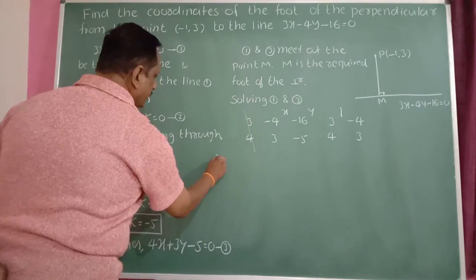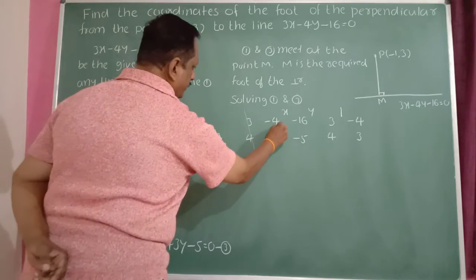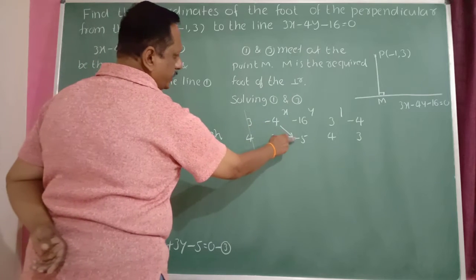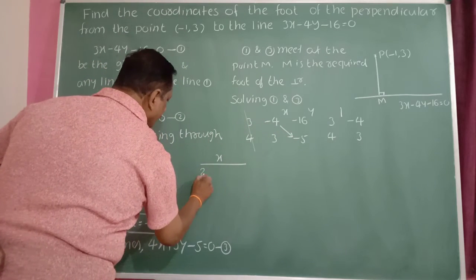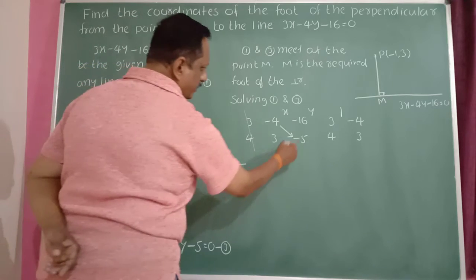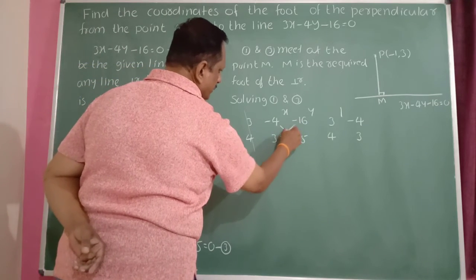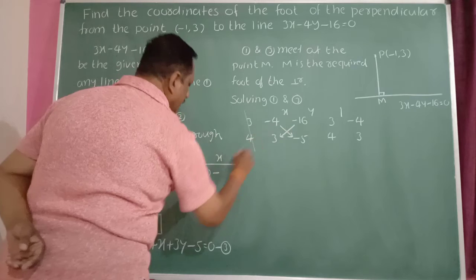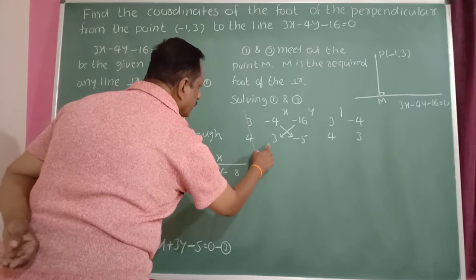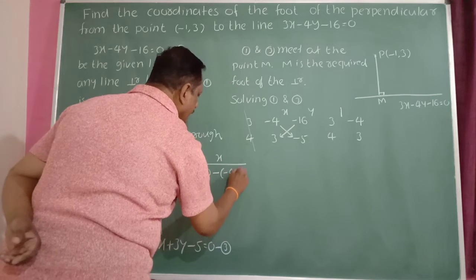Therefore, x divided by, but multiply in this order only. Minus into minus plus, 4 fives are 20 here. Minus, compulsory there should be a minus here. Then multiply in this order, 16 into 3, minus of 16 into 3, 48.